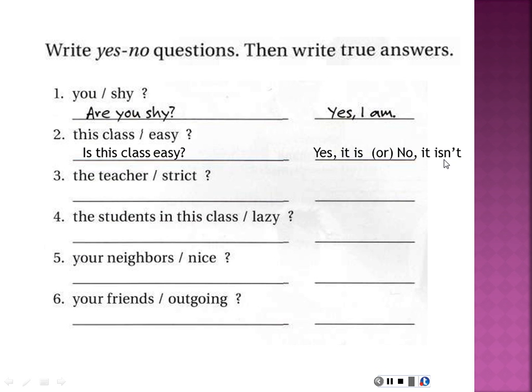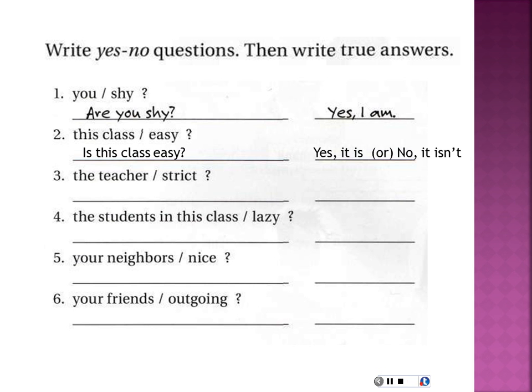I need to remind you that when we have a no answer, عندما تكون الإجابة لا, we can use contractions. يمكننا استخدام الاختصارات. While when the answer is yes, عندما تكون الإجابة نعم, we don't use contractions. This thing we talked about last time. تحدثنا عن هذا الموضوع في المرة السابقة.